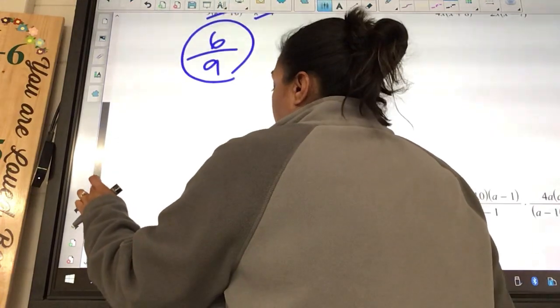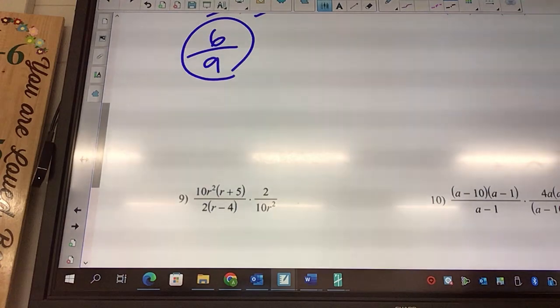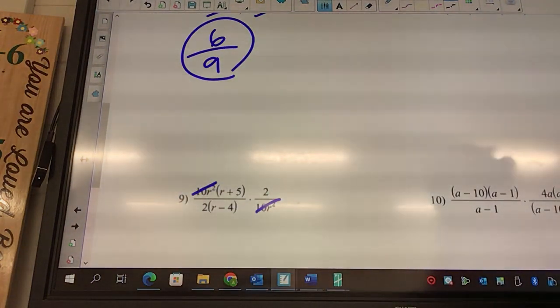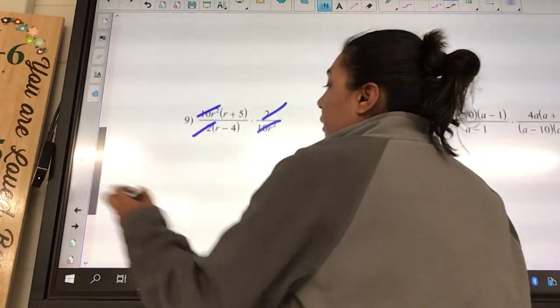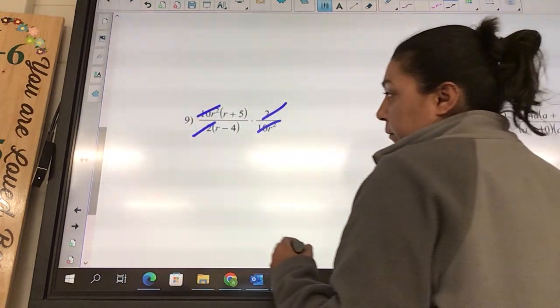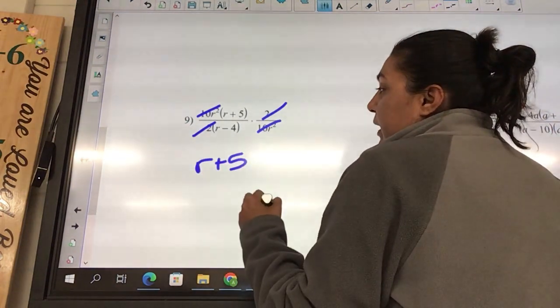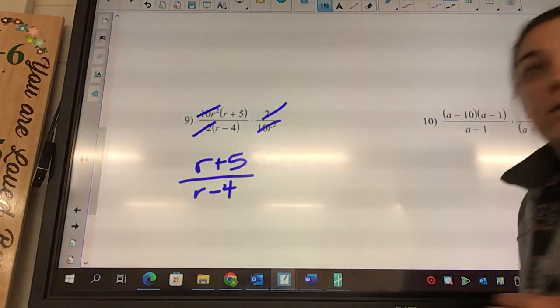Look at 9. What can I cross off? 10R2. Good. And I can cross off the 2's. They cancel. What's left on top? R plus 5. What's left on bottom? Do we need the parentheses?